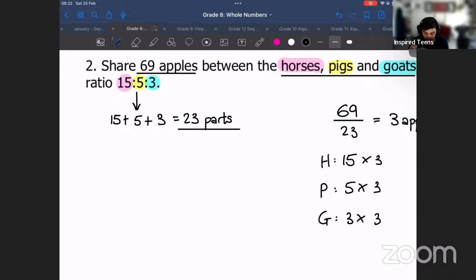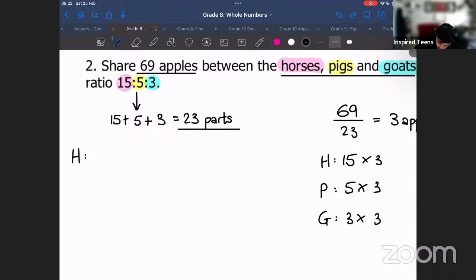You get 15, you get 5, you get 3. So in this specific case, for horses, let's say, out of the 23 parts, they need to take 15. So we create a ratio. If I'm not mistaken, we did fractions not so long ago, I'm not sure if we did it or we did it at the grade 9s. Calculating percentages, maybe we did it at the grade 9s.